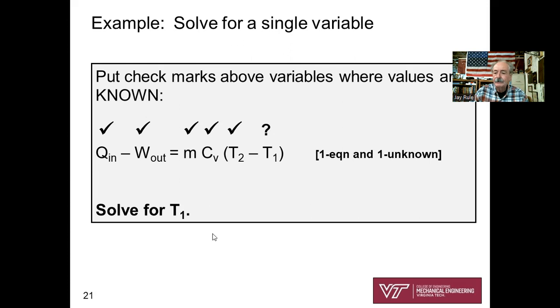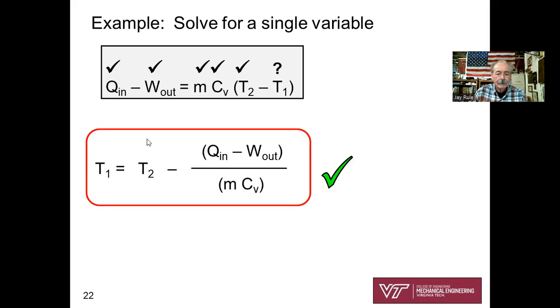So let's go through the algebra. I've checked off all the things I know. The first thing I would do is put the left-hand side in parentheses and then divide both sides by m Cv, so I've got a little better form. Then I need to solve for T1.